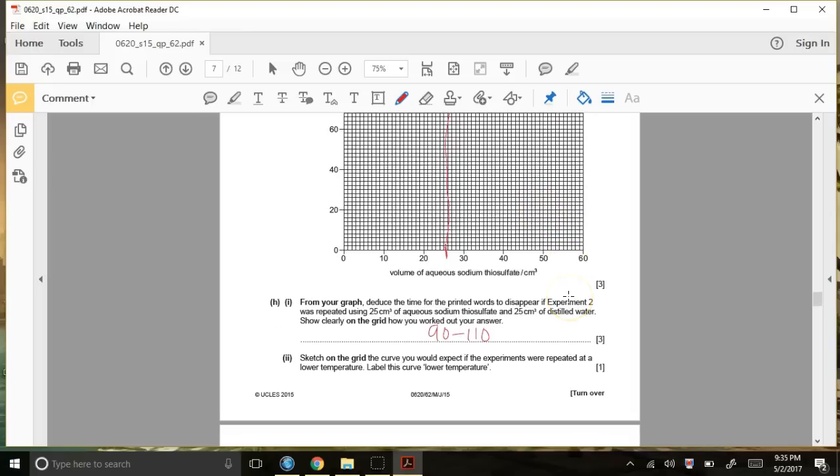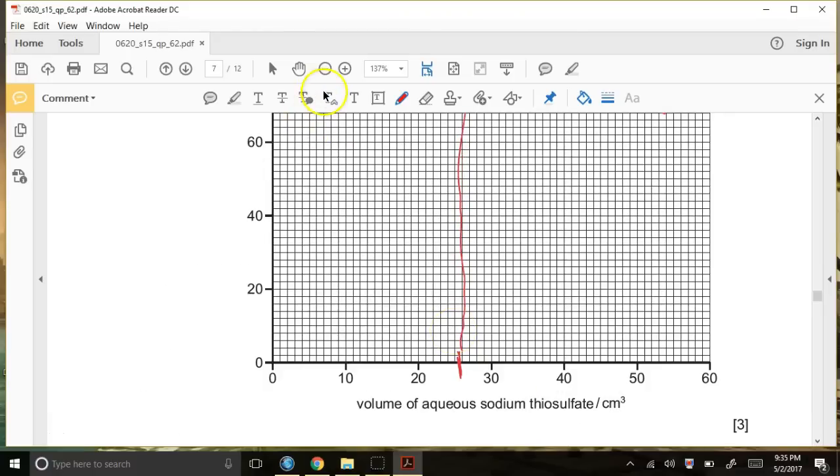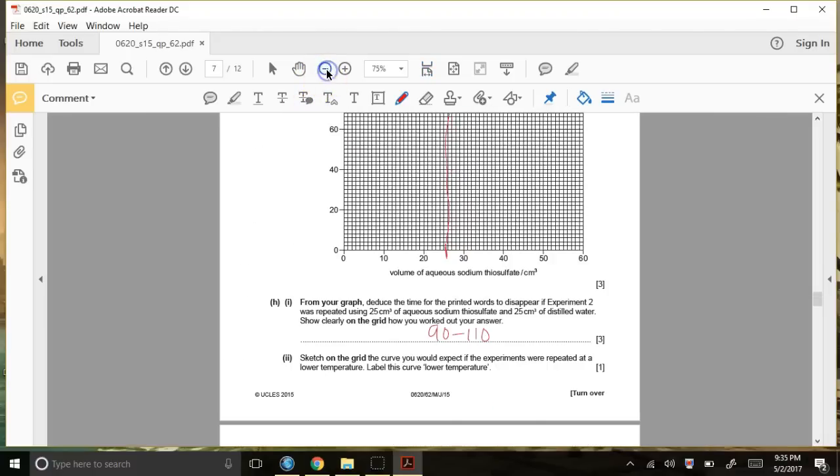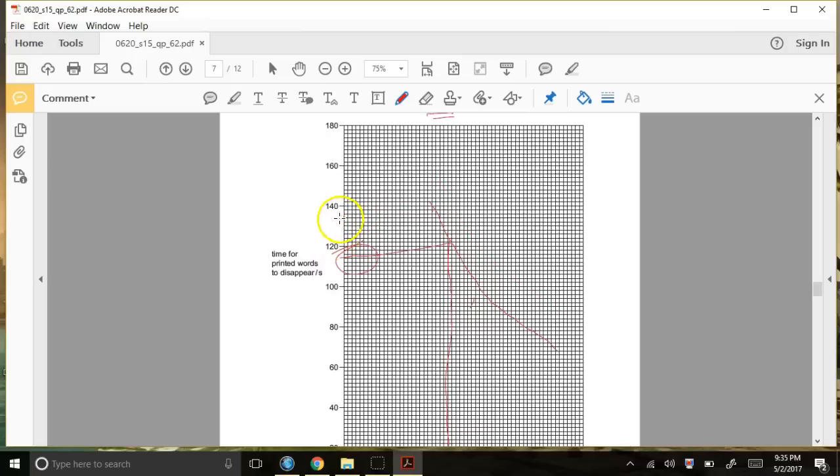Okay, so let's have a look at this next part of the question. This talks about what happens if you do the same experiment using a lower temperature, and label this curve as lower temperature. Well, at lower temperature you expect more time to be taken, so I have time on my y-axis there, so I need to show more time. That means the sketch is probably going to start somewhere up here.